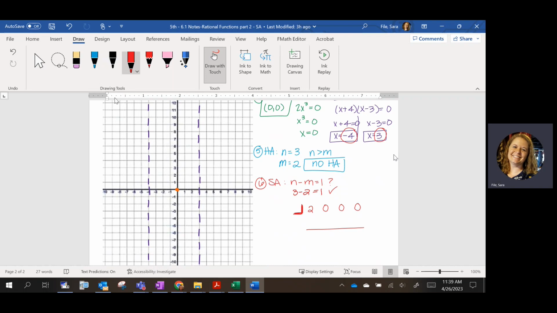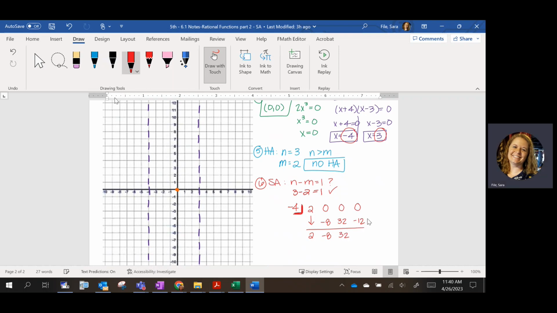So you're going to have to plug both of these in, but we're going to do it one at a time. It does not matter which one you do first. So I'm going to just do -4 first. Okay. So I'm going to do my synthetic division process. -4 times -8, so 32.